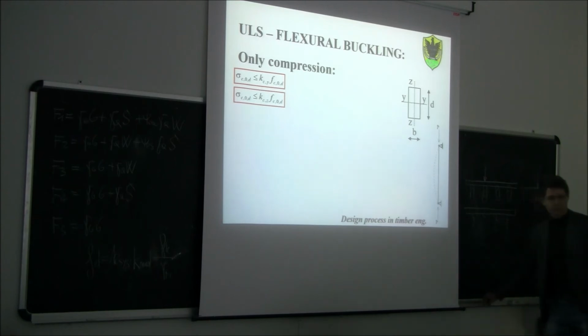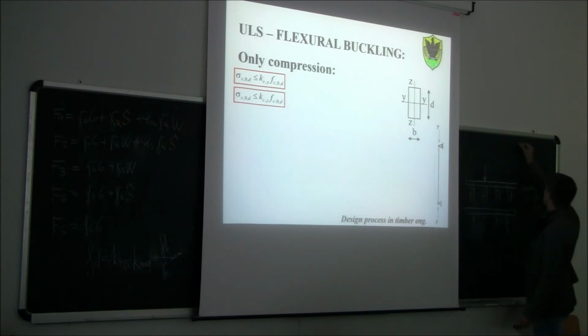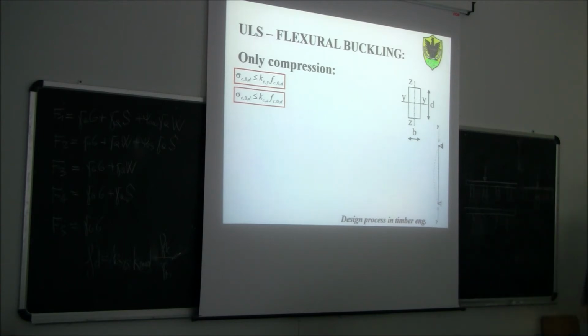Can some of you remind me? If you have a column loaded by a load P, how did you study the safety of this structure by using the omega method?